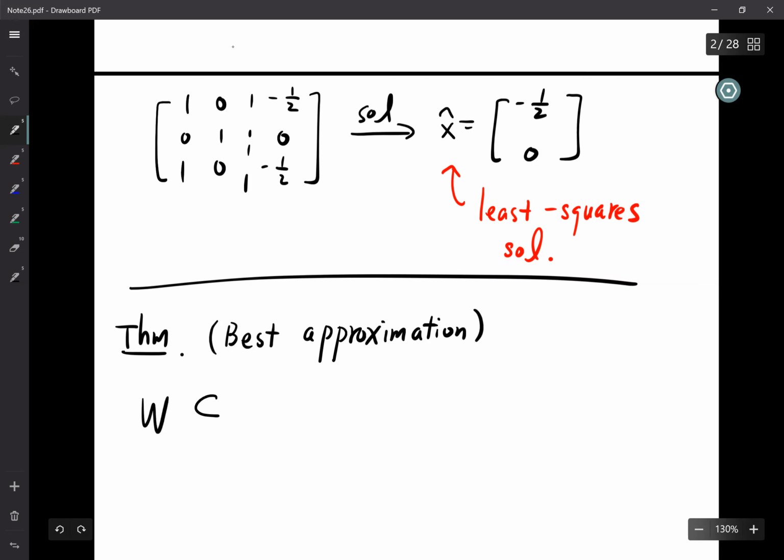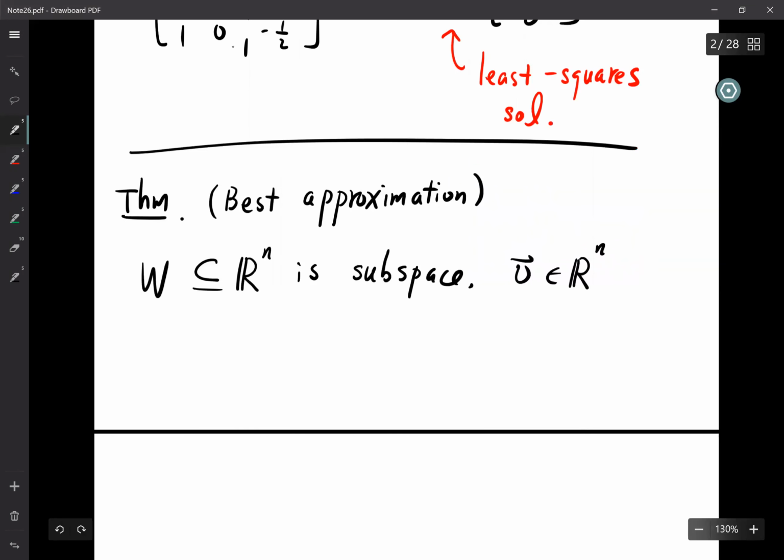So W in Rn is a subspace, and V is any given vector. Then we can always decompose V into the addition of two vectors, W in the subspace and Z in W perp.